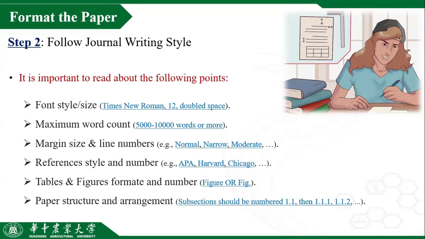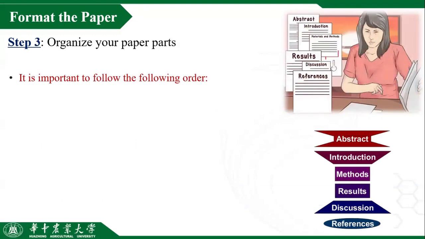Also, the maximum word count, as we just mentioned, some journals limit the number of words for research papers and for review articles. Also, the margin size, the line numbers, and everything, reference style, tables, figures, and finally, the titles and subtitles should be numbered like this.